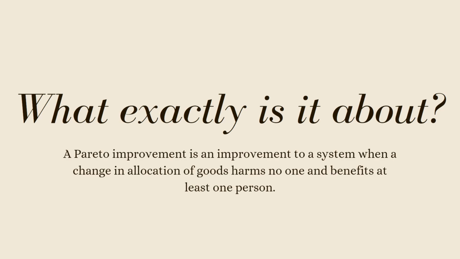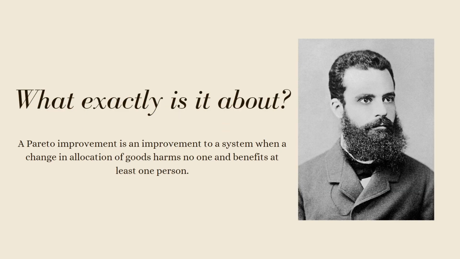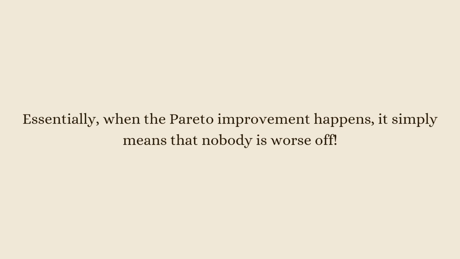This concept was named after an Italian economist and political scientist named Wilfredo Pareto. He's also well known for the Pareto principle, which was popularized by Richard Koch's book, The 80-20 Principle. Essentially, when a Pareto improvement happens, it simply means that nobody is worse off.